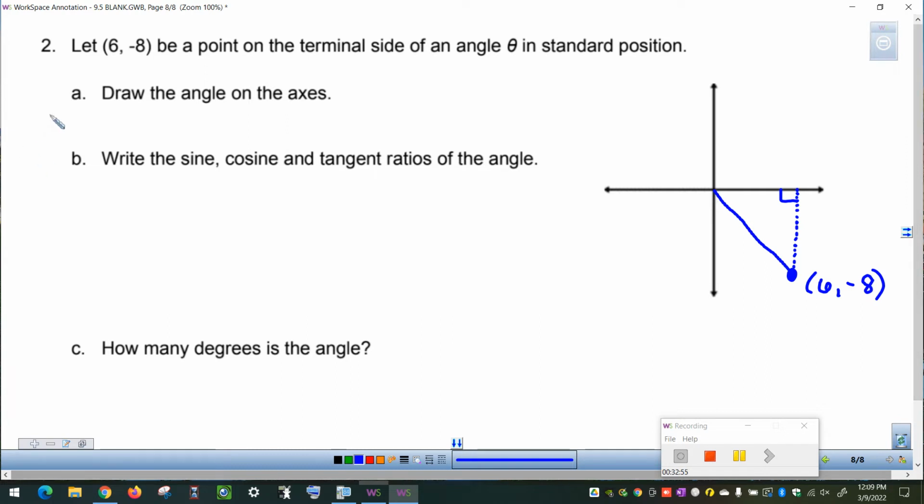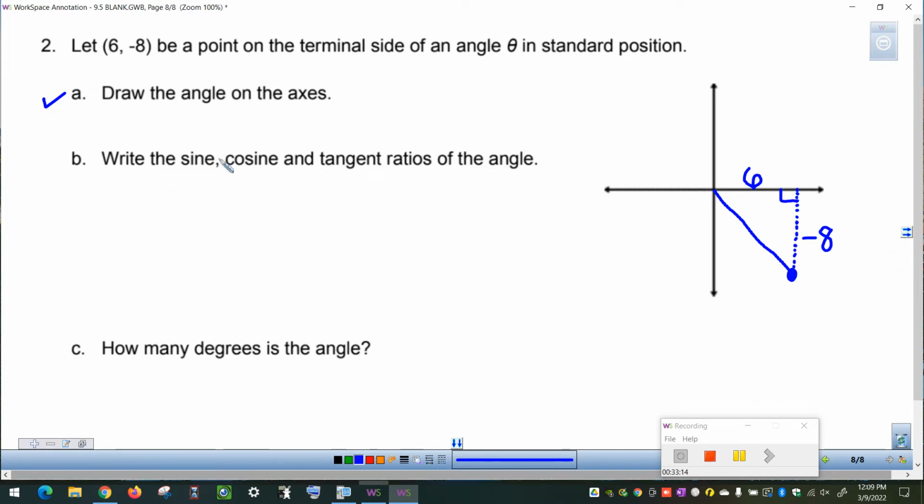All right, so we've got the angle drawn on the axis. Now, if we were to label our side lengths here, instead of thinking of that as an xy point, let's label this side length in the x direction as 6, and the other side length in the y direction I'm going to keep the negative sign attached to, so we're going to label it as negative 8.